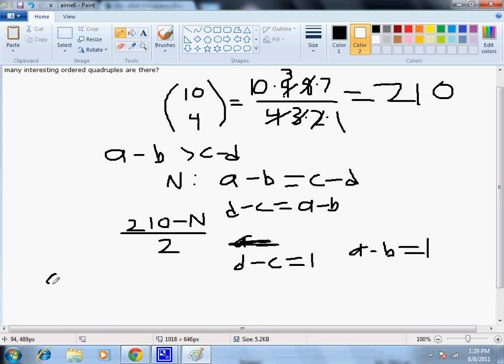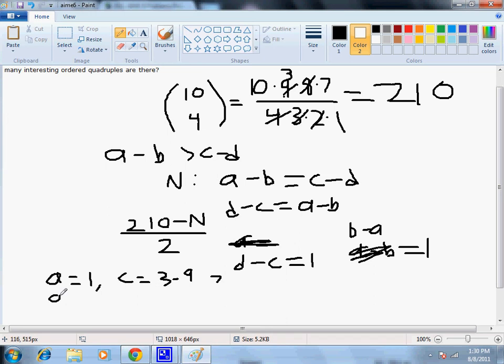If A equals 1, then B is 2, so C must be at least 3, but since D can be no greater than 10, C can only be up to 9. So C can be any number from 3 to 9, so that is 7 numbers.